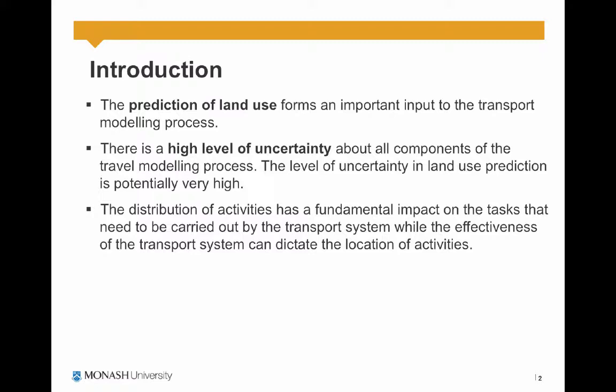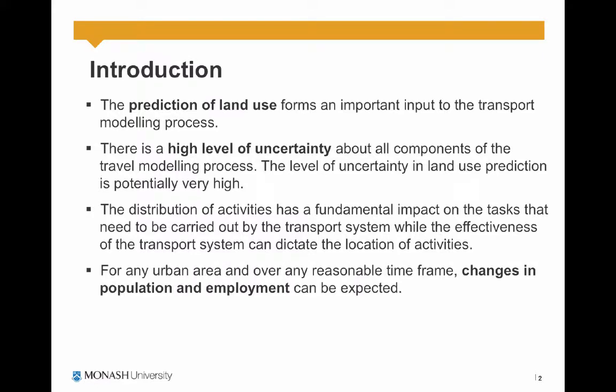So what it says here is there is a two-way relationship between the distribution of activities, whether it's the distribution of jobs, distribution of residential location, distribution of retail, shopping, etc., and the functionality or performance of the transport system. If you change the distribution of activities, the functionality of the transport system will change. And also, if you change the functionality of the transport system, it will affect the distribution of activities. This is a very important relationship to keep in mind.